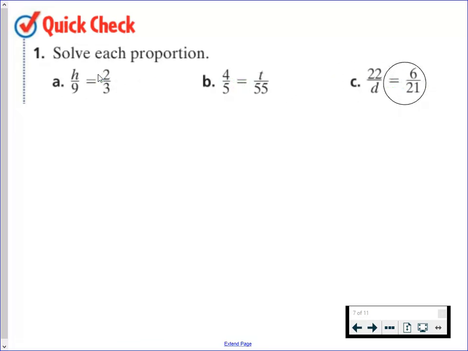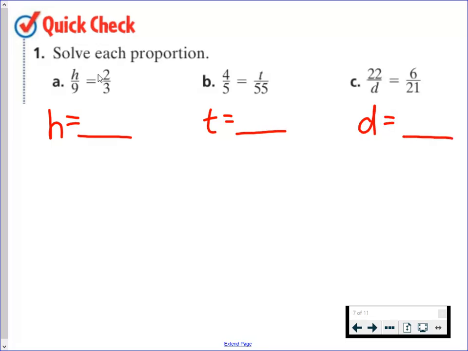We are trying to find the missing number on what makes it equal. H equals something. T equals something. D equals something. What makes it equal?